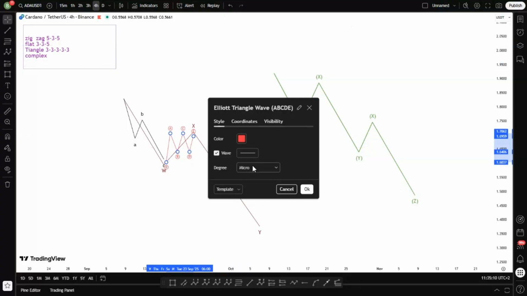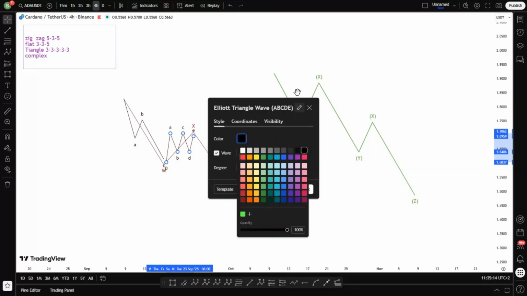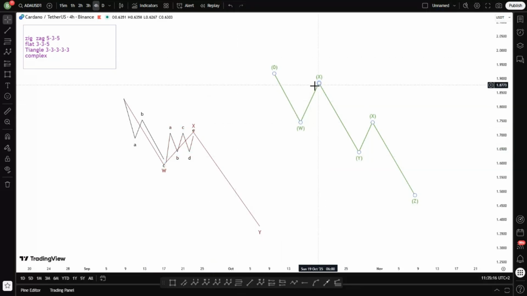Okay, let me change this one. There is no way that in a more complex correction we can find this X to be a triangle, because I told you that a triangle will precede the final move of a certain pattern. So if we find a triangle here, it means that we revise the final move.